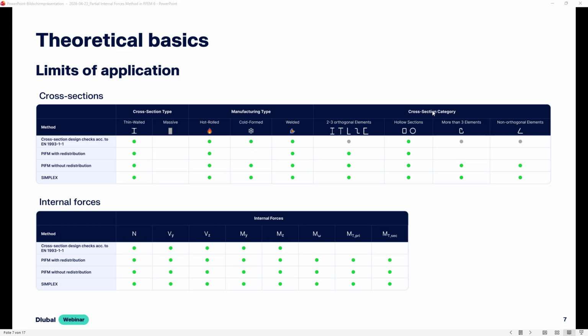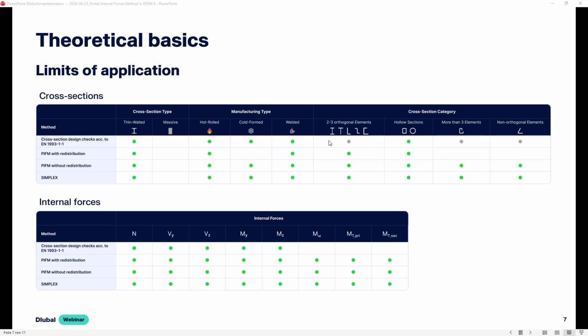And if we now look at the cross-section category, or you could also say the cross-section geometry, then we can see for Eurocode, there are some restrictions. So for cross-sections with 2 or 3 orthogonal elements, I gave some examples here.